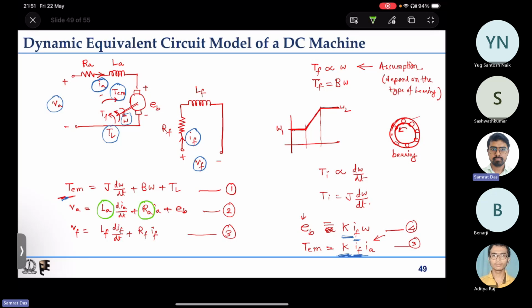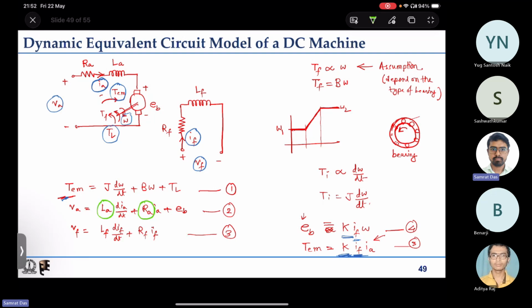So the second parameter that we have is the armature circuit resistance. Any winding, any coil has some resistance, rho into L by A, depending on the length of the wire, the cross sectional area of the wire, and rho, the resistivity, which reasonably remains constant. So if the winding length and cross sectional area are fixed, resistance mostly remains fixed.